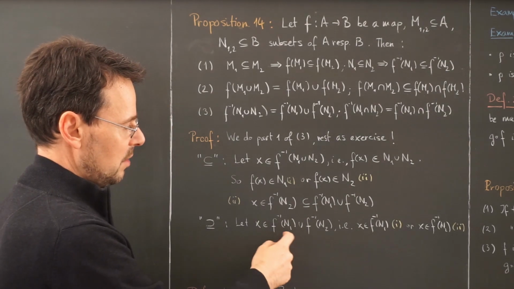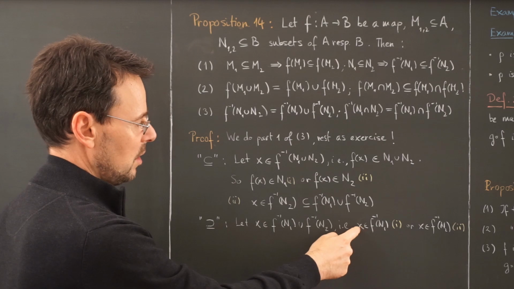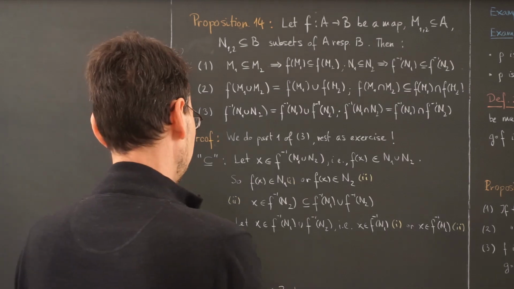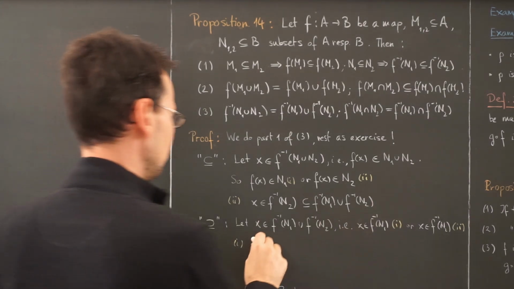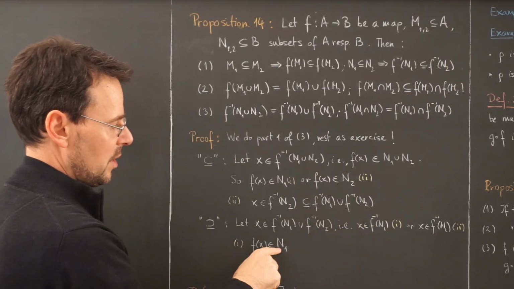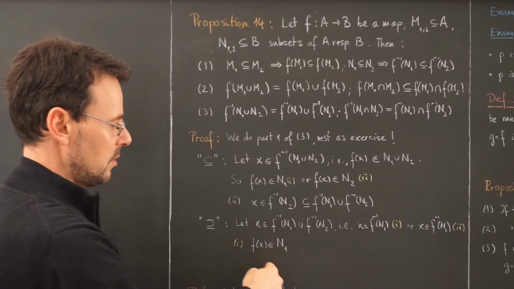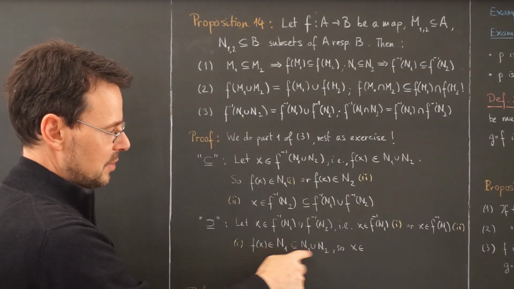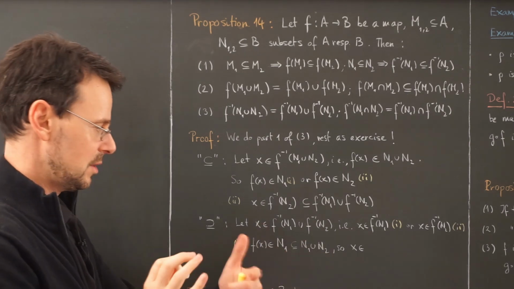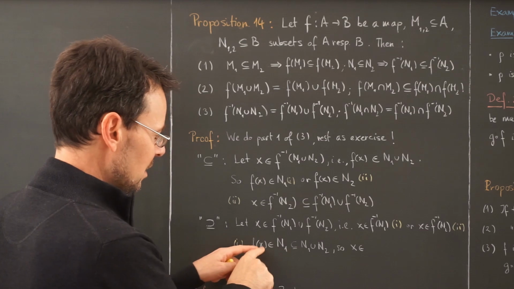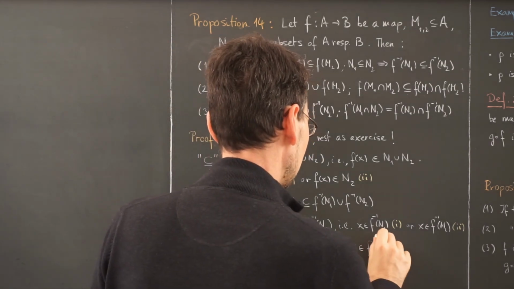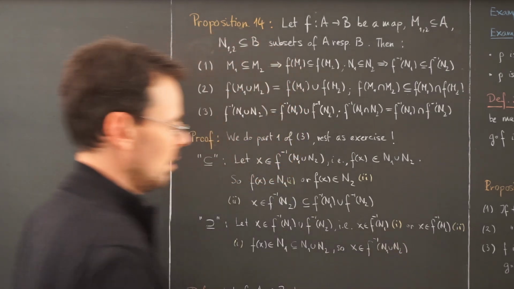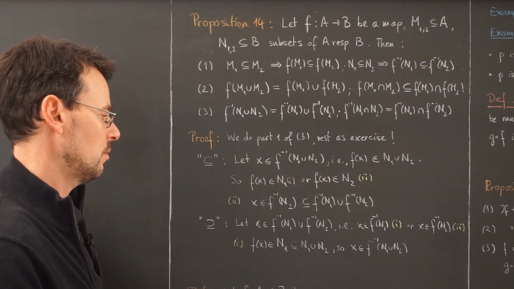Okay, now again, by definition of the union, this means that x lies here, or maybe both. Now, in case I, this means f of x is an element of n1. This is exactly the definition of the preimage, but same argument as above. n1 is always a subset of this union here, because this union gets bigger or stays the same, and this means that x is an element of the preimage of the union n1 with n2.